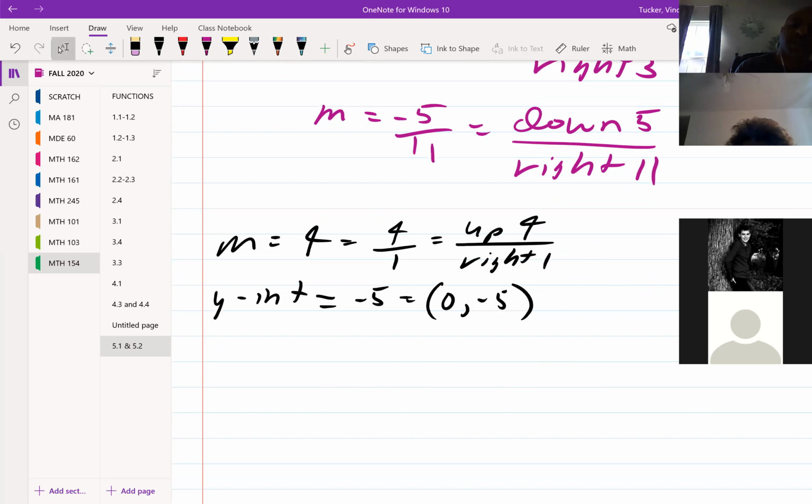So to use this information to graph, you will graph the y-intercept first. Make sure you do that first. A lot of people make that mistake.